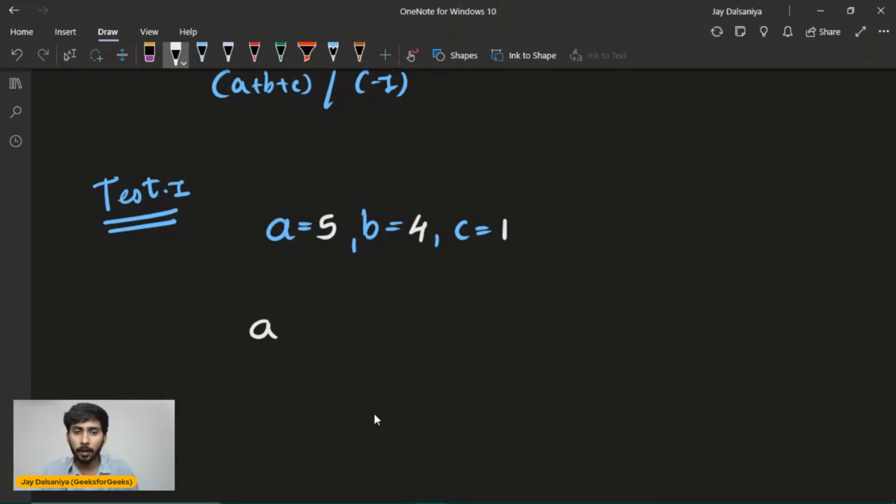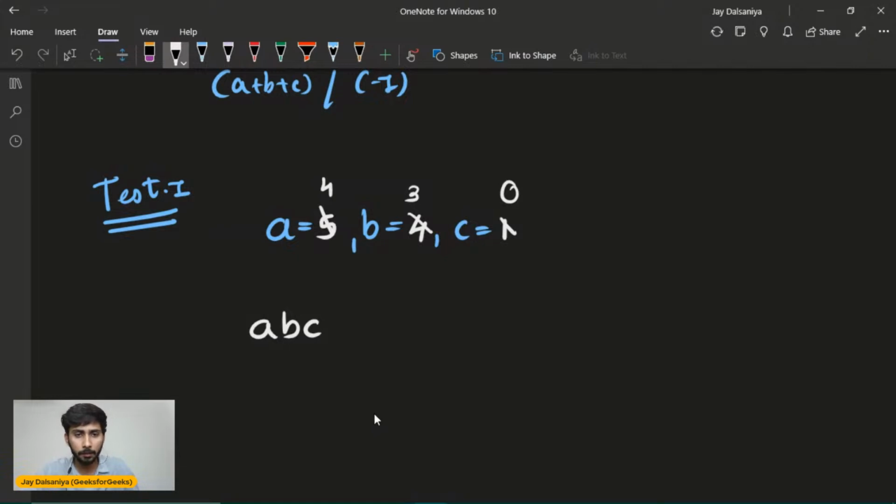I will be placing A. I am trying to think in a greedy approach, because I need to place the characters based on the frequency. So trying to place A, now only 4 A's remain. Let's try to place B, so this will be 3. Let's try to place C, this would be 0.